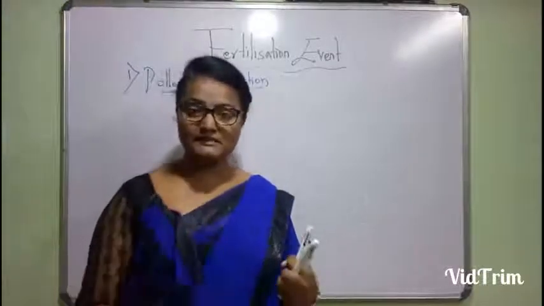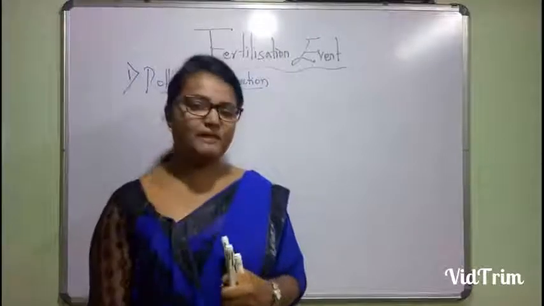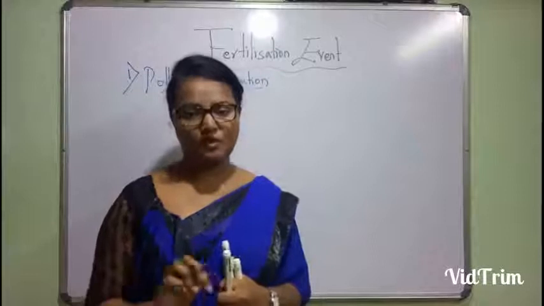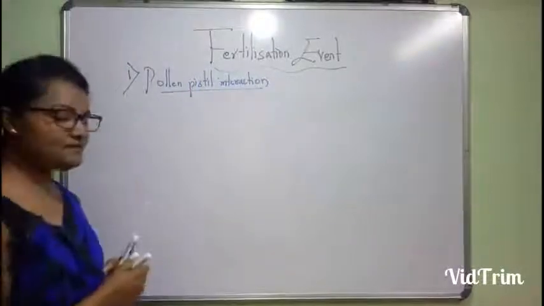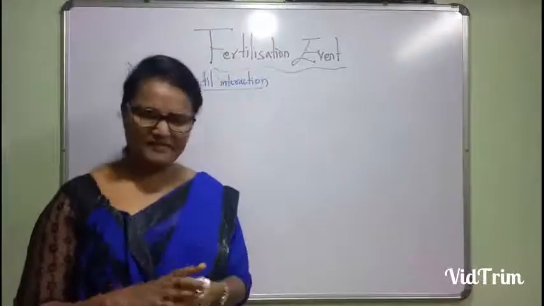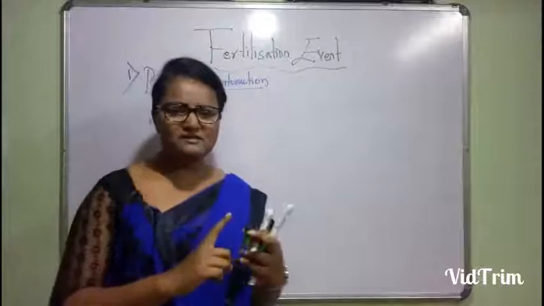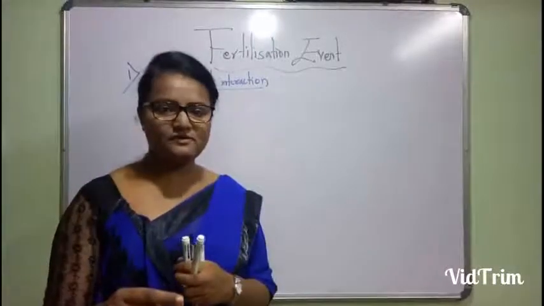So the changes taking place now are with respect to the gynoecium or pistil. The first step is pollen-pistil interaction. It is nothing but the interaction between the pollen grain and the surface of the stigma.